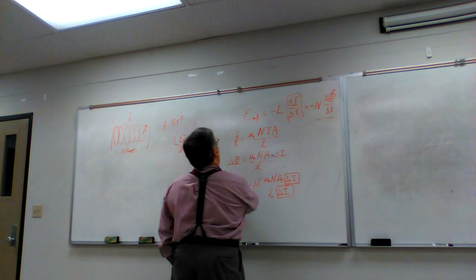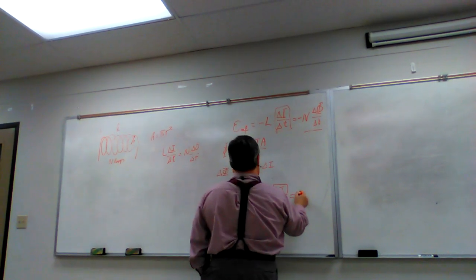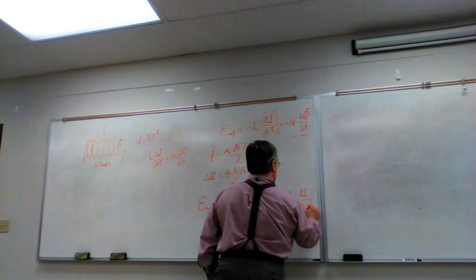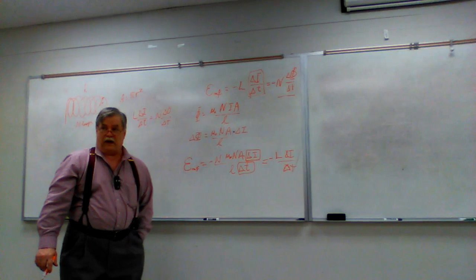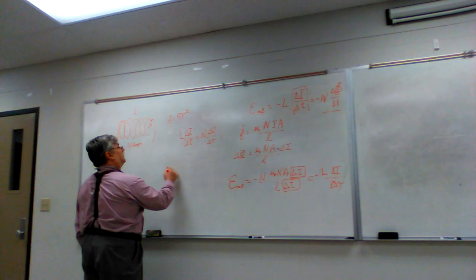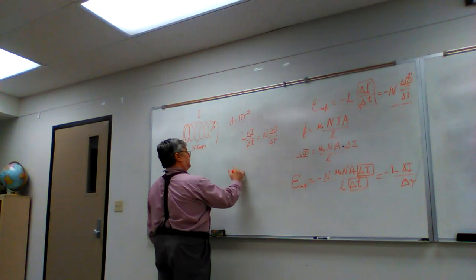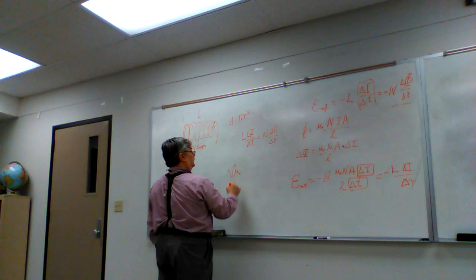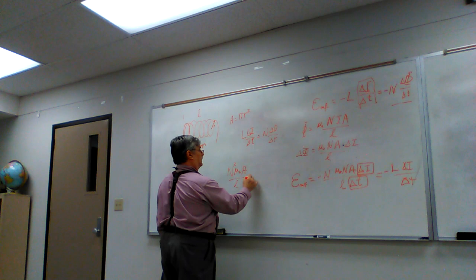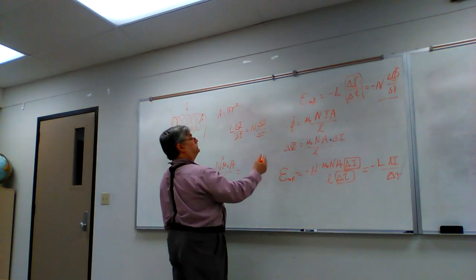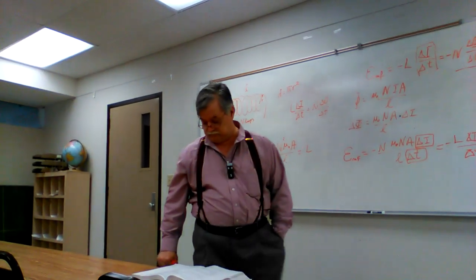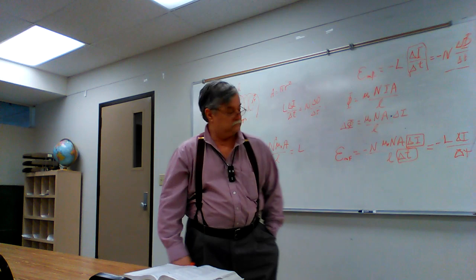The EMF is also equal to minus L times delta I divided by delta T. Well, now, if we multiply through by delta T over delta I, we end up with N squared mu sub naught A over L is equal to L. Right?